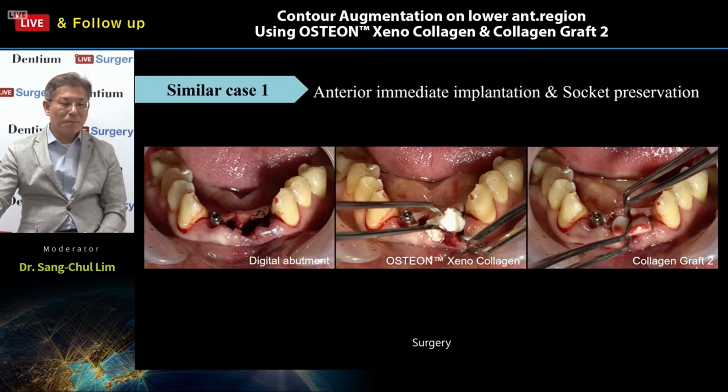So we can move to the CAD program for manipulation and management of this digital procedure, and finally it goes to the CAM machine for the final restoration with a custom abutment.